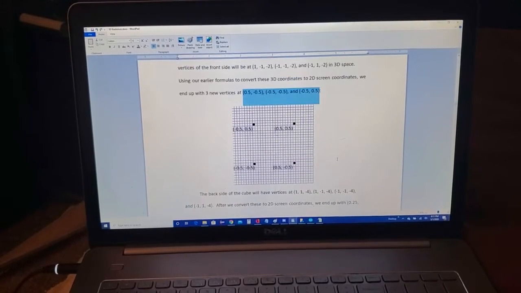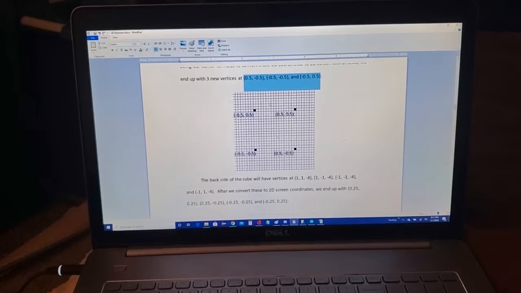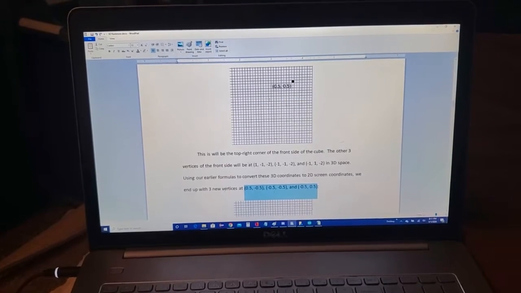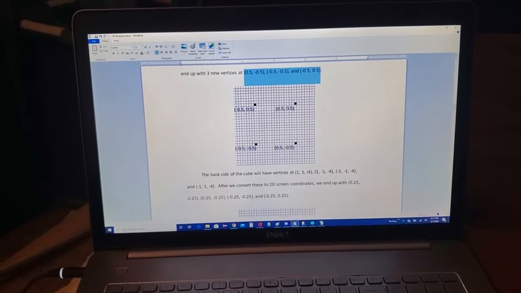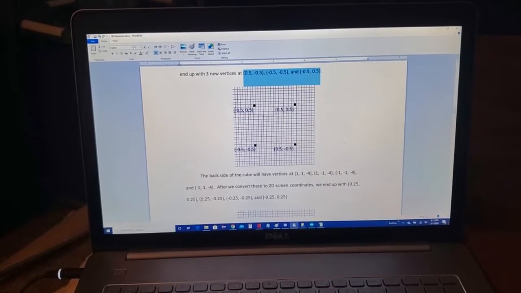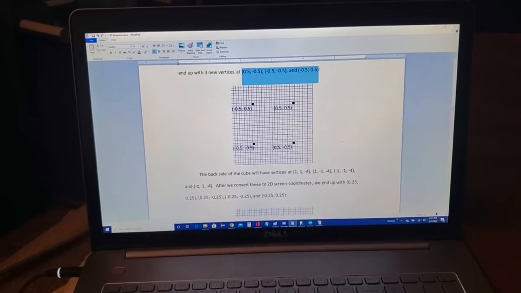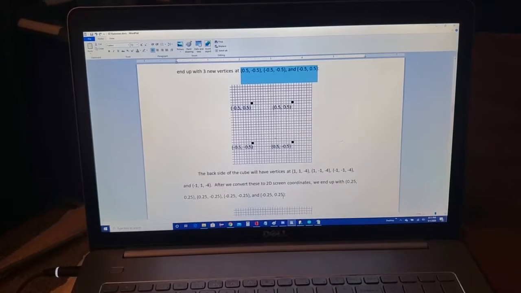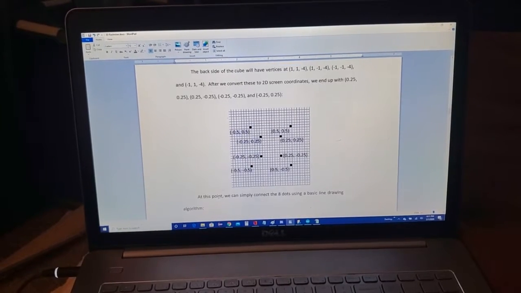Then if we plot 4 more points, and instead of at a depth of -2, we're going to plot them at -4, so they're twice as far away, they will take up half the size on the screen, and using the formula, we get values of 0.25 plus or minus.